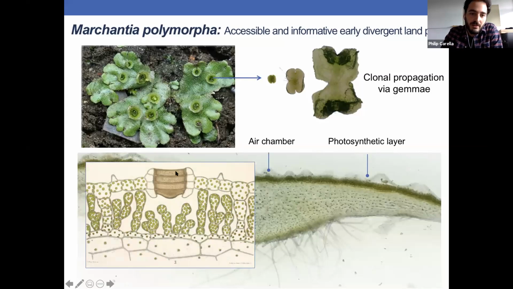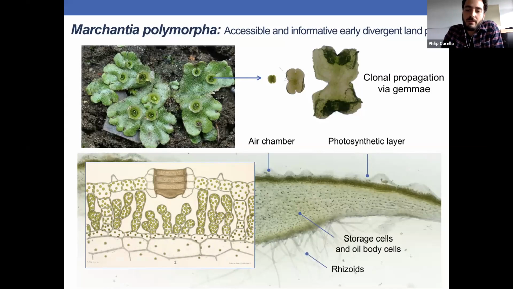If we look closer, we can see that these have a single open pore, and inside there's an intercellular space with photosynthetic filaments, very carbohydrate rich. Underneath this, we have non-photosynthetic parenchymatous storage cells and oil body cells. Underneath, again, we have rhizoids, which are root hair-like structures.